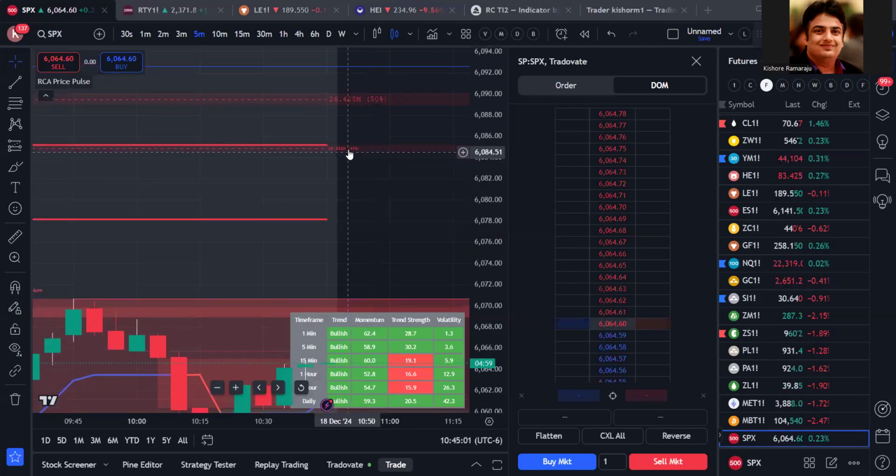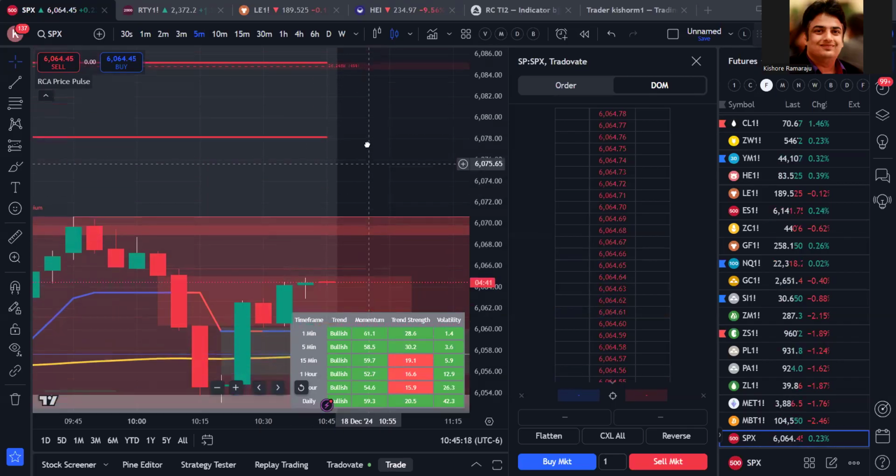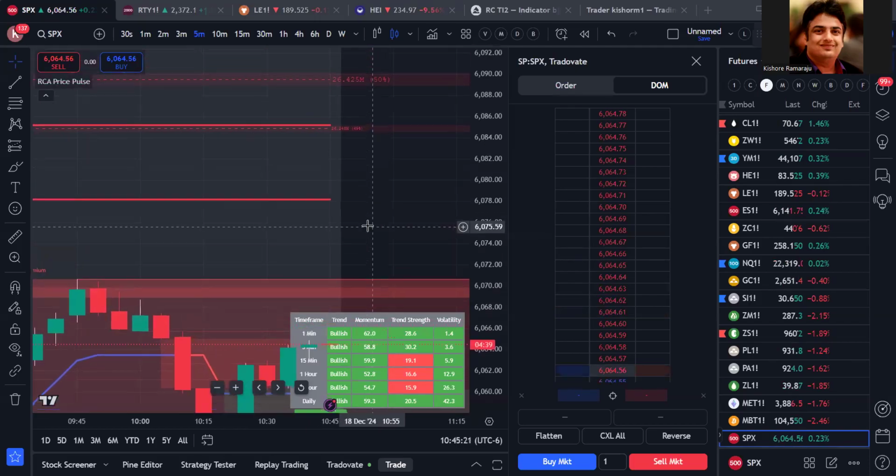If it breaks it, 60, 84 is a potential target because these are small resistance. There are no sell orders. Some small size sell orders. This one, some small size orders, but this is where you have a big size order. So there is very high possibility for price to go all the way till 60, 84.